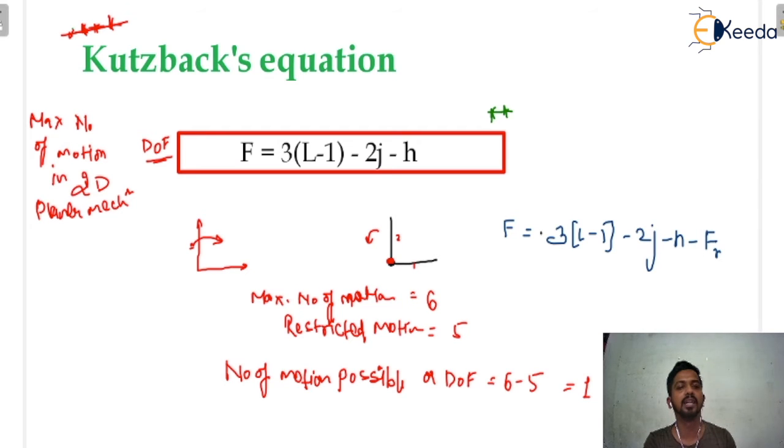What is Fr here? What is the meaning of Fr? This is the number of those motions which are not the part of the mechanisms. I can write here: number of motions which are not the part of mechanisms.